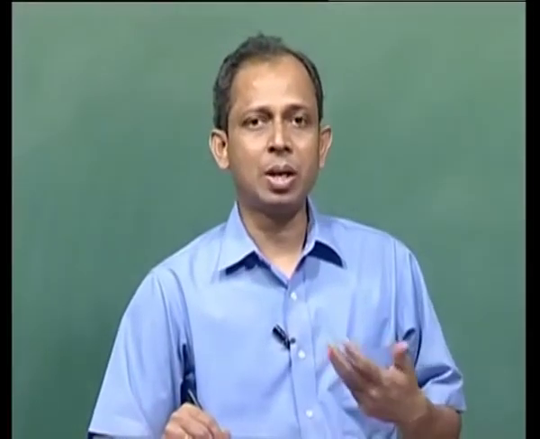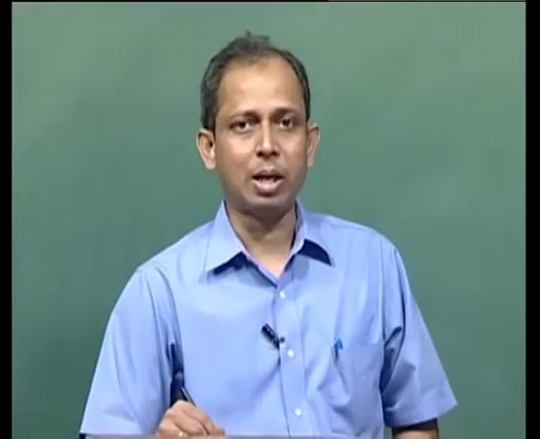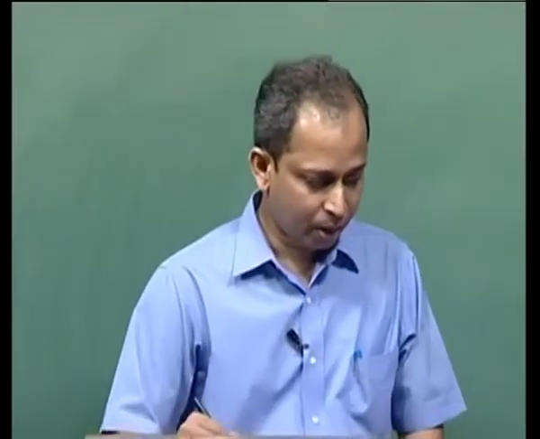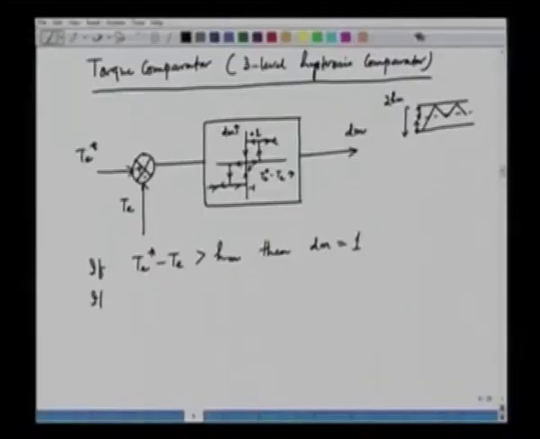If the torque has to be increased, the torque status has to be 1, dm equal to 1. And if the torque error T e star minus T e is greater than 0 and less than Hm, if it is within the upper band and previously the torque status was 1, then keep the status quo unchanged, then dm equal to 1.